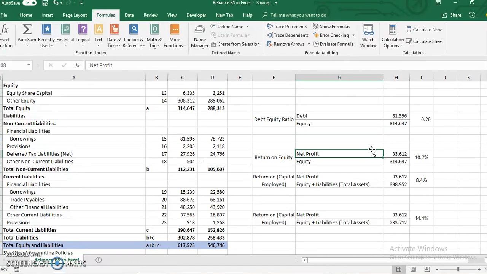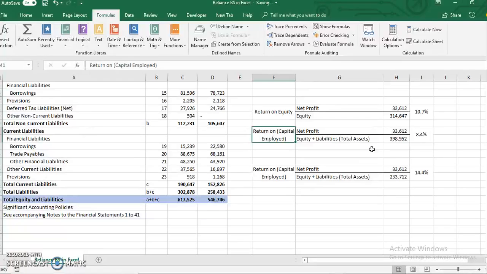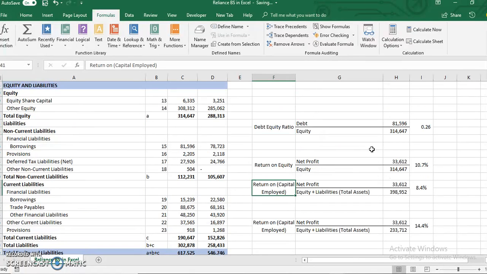Now there is the return on equity ratio. Return on equity means net profit divided by equity, which is about 10%. It's not a lot. Compared to last year, you cannot compare because I am missing the formula. This ratio also needs to be compared with other companies.